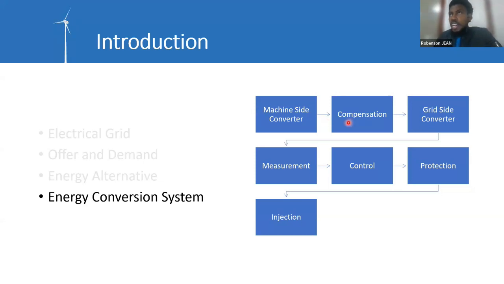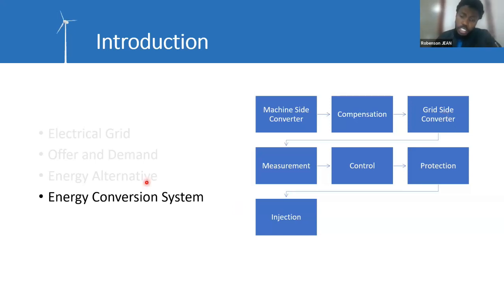The compensation is like when we put in a filter, or when we adjust the voltage. So we can put it in a convenient form so it can match the input of the grid side converter. The grid side converter is like an inverter that will convert from DC to AC in order to inject into the grid.